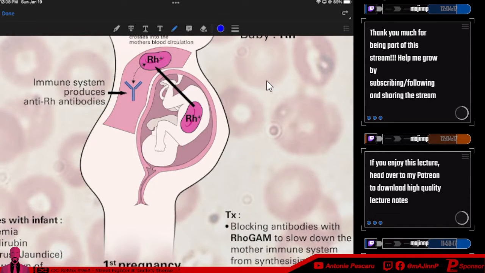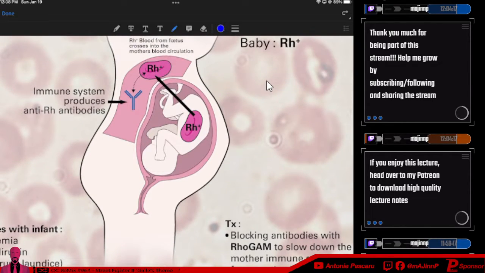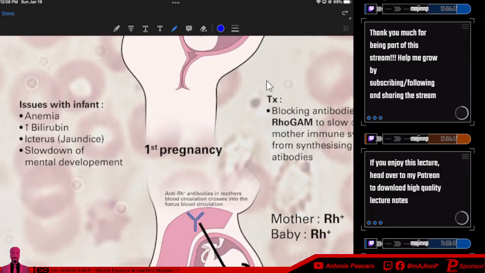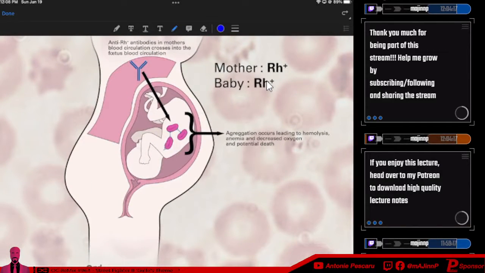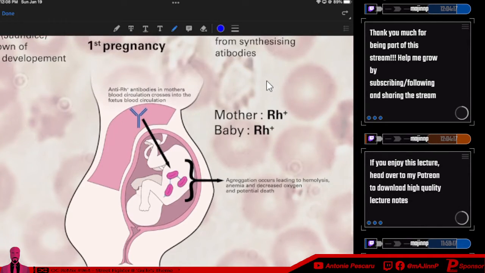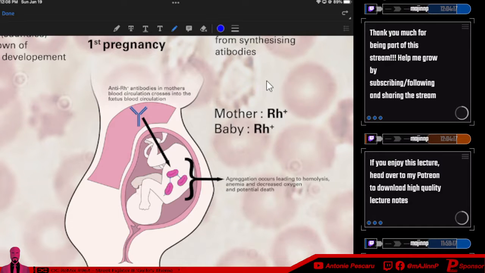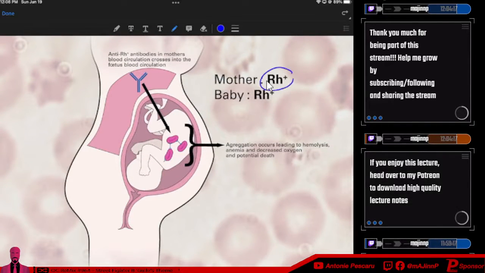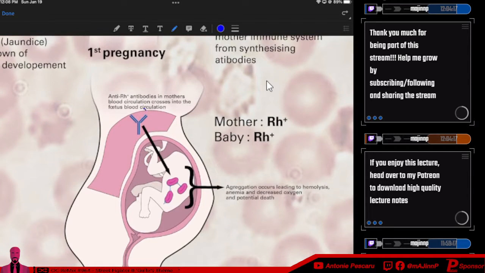But the good thing is that nothing dangerous actually happens to the first fetus in the first pregnancy, because, first of all, producing these antibodies takes time, so it's not going to be that dangerous at the first pregnancy. What does happen is that at the second pregnancy, if the mother has another baby and the baby happens to be Rh positive, the mother now has these antibodies inside of her circulation.